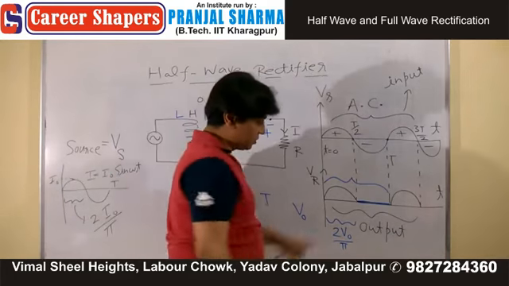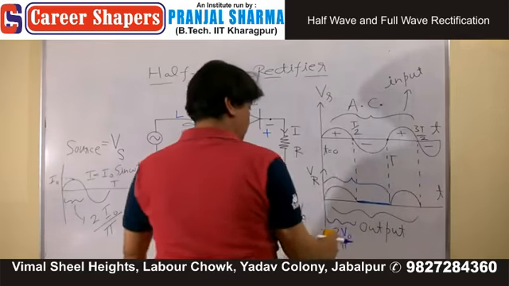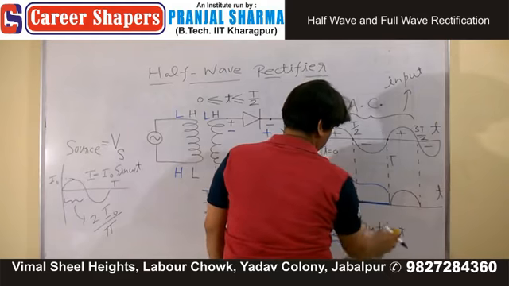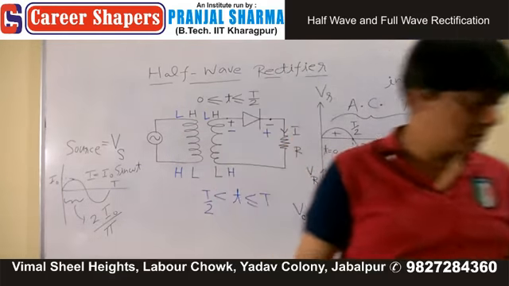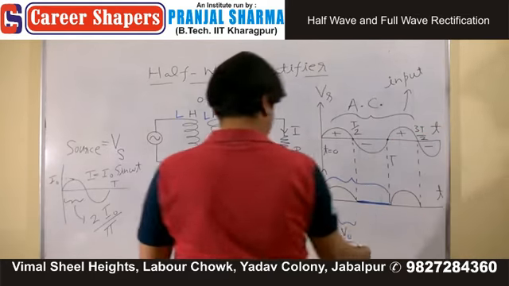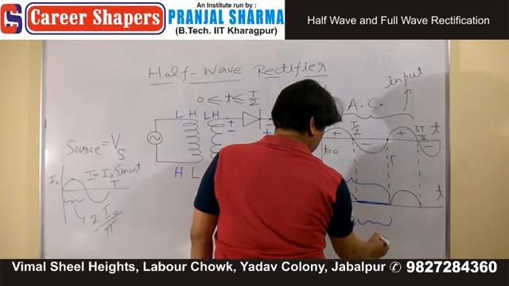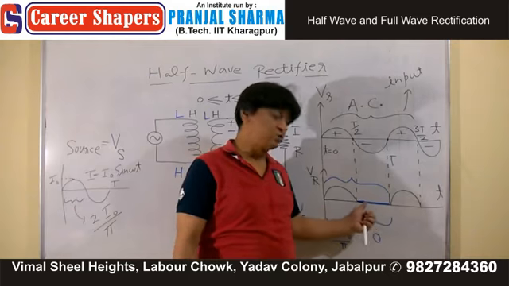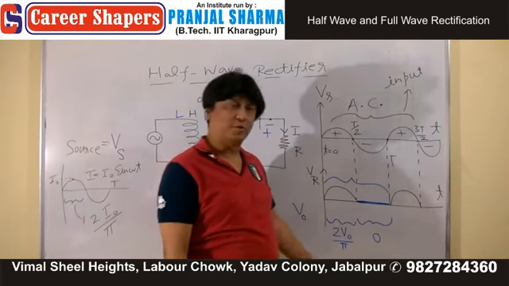What is average for the T by 2 to capital T part? Average for this portion is 0. There is no current. There is no voltage. Average for this portion is 2 V naught upon pi.